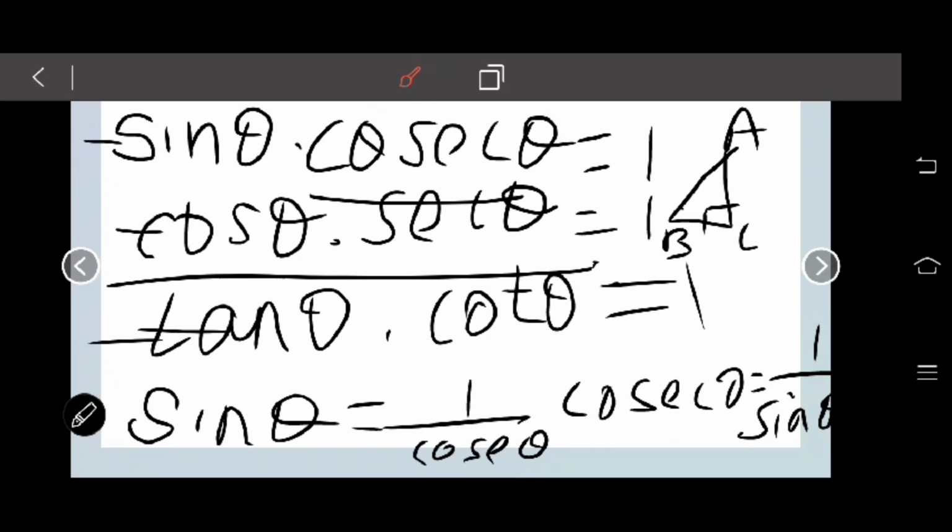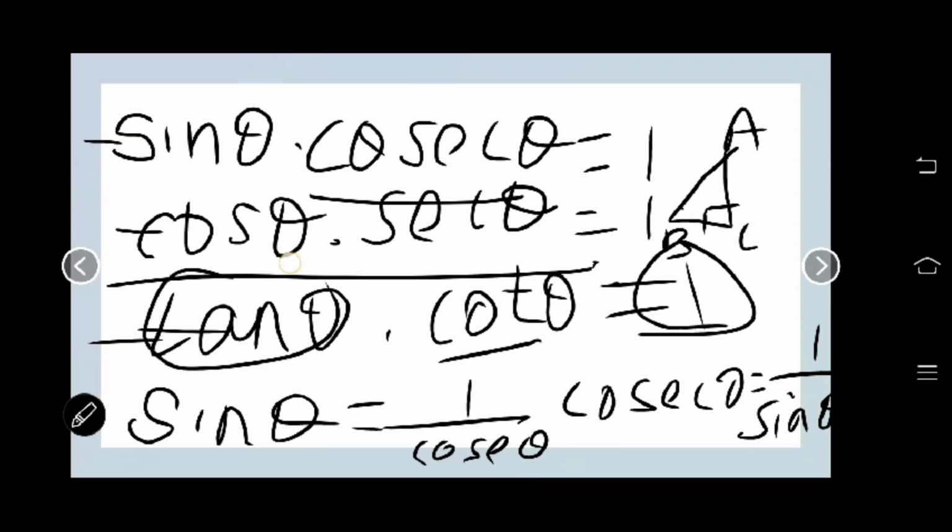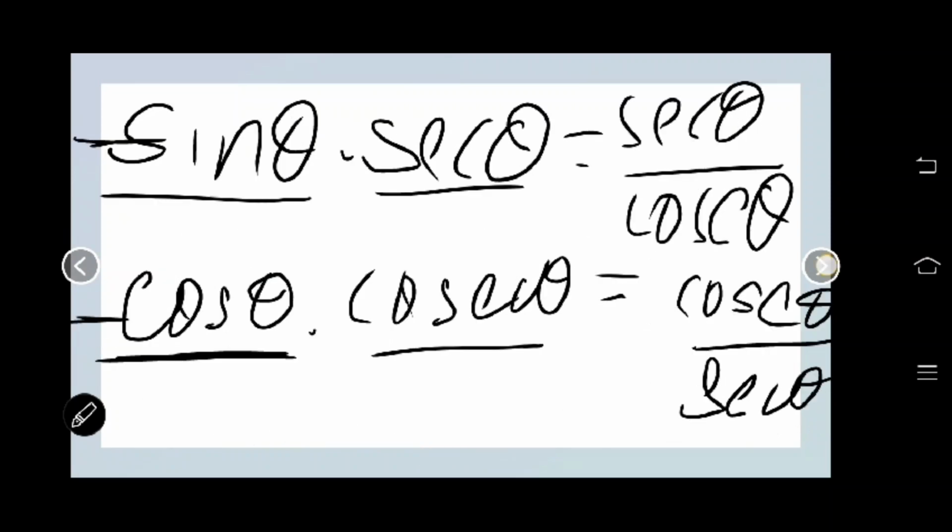Tan equal to 1 by cot, cot is equal to 1 by tan, in this way. Now these are very important derivations, and these ratios are also very important. I know these are very basic but also important.